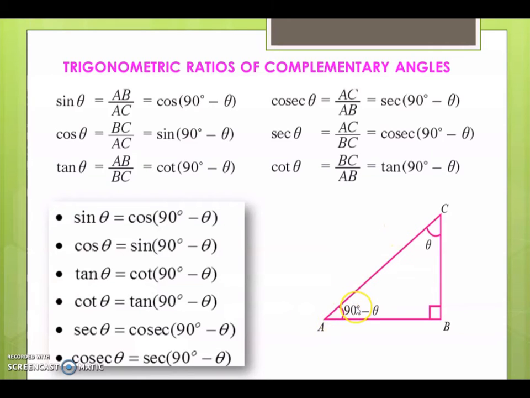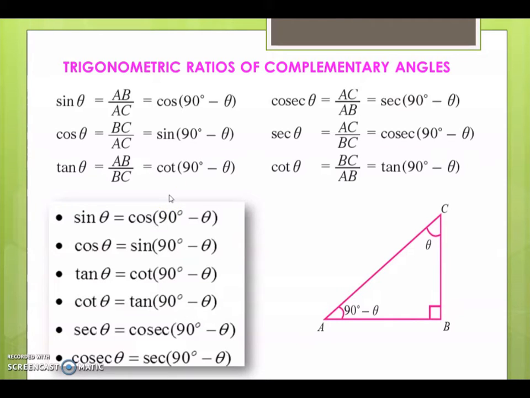For 90 minus theta, adjacent is AB. So, that is also AB by AC only. Therefore, sin theta and cos of 90 minus theta are equal. Same way, cos theta is BC by AC, which is also equal to sin of 90 minus theta.